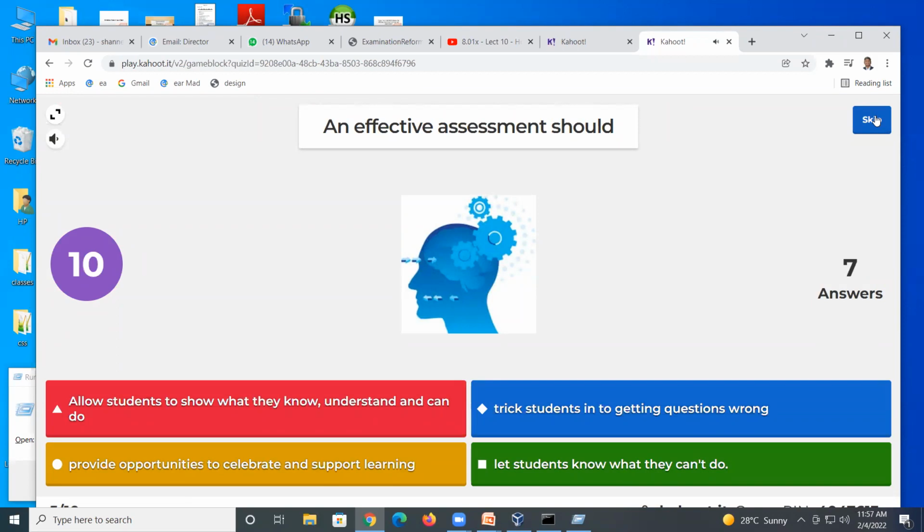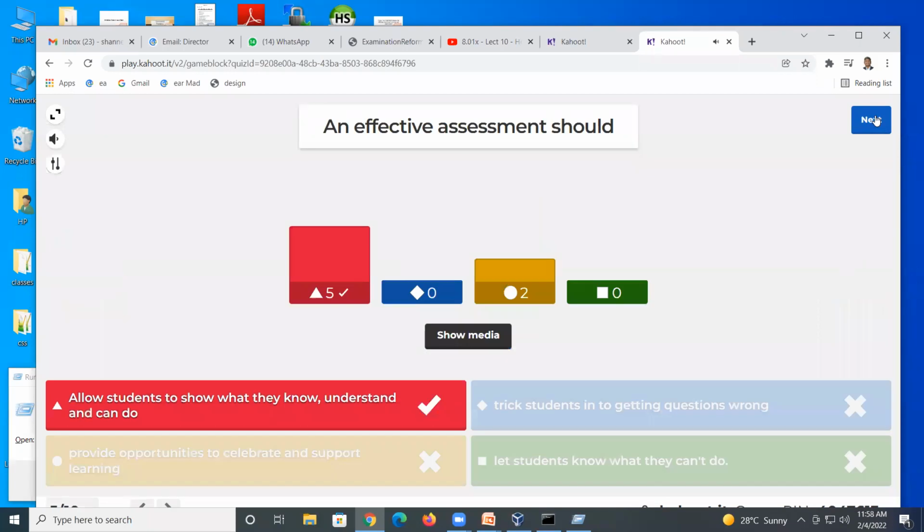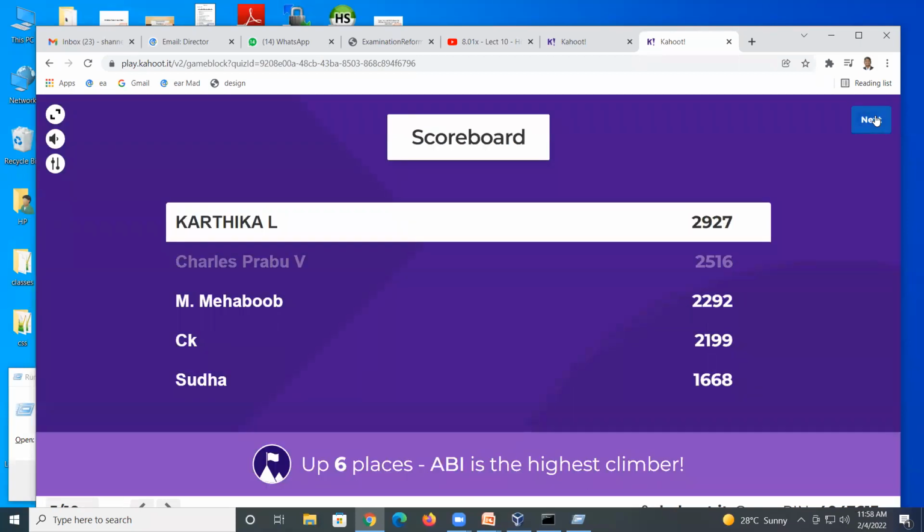What exactly should an effective assessment do? Only 7 answers, but 11 people are there. Most of you are correct. It is not to trick the student, nor just to provide the result or an opportunity to celebrate. I have to understand where exactly I can and I cannot. That is what effective assessment should be.